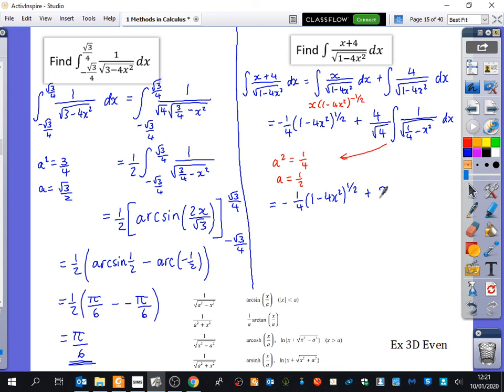Plus 2, and what's the integral of this? It's arcsine of 2x. I probably would write this as minus a quarter root 1 minus 4x squared plus 2 arcsine 2x plus c. Exercise 3D, even questions.